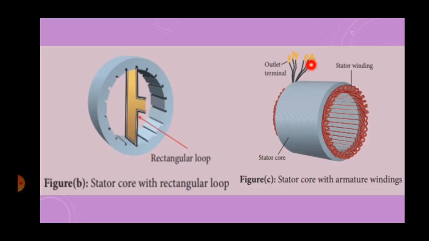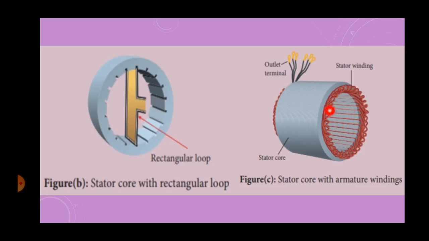Now the armature winding is the coil wound on the slots provided in the armature core. One or more than one coil may be employed depending on the type of alternator. Two types of armature winding are commonly used: single layer winding and double layer winding.